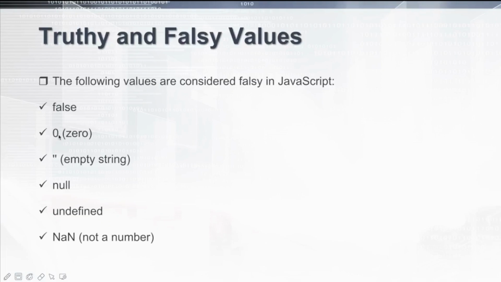If you have 0 as a number, then it will be false when used in a Boolean context. The empty string like this, whether single quotes or double quotes, once you have an empty string, it's false as well. Then null is false, undefined is false, and NaN, that's not a number, it's false.